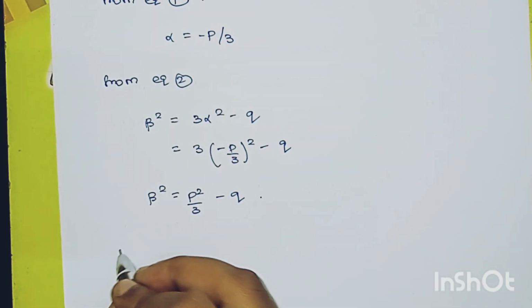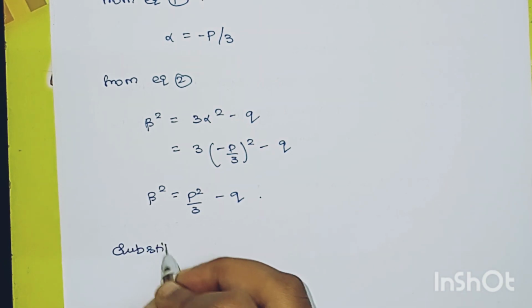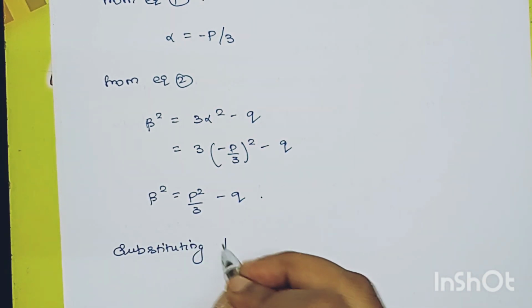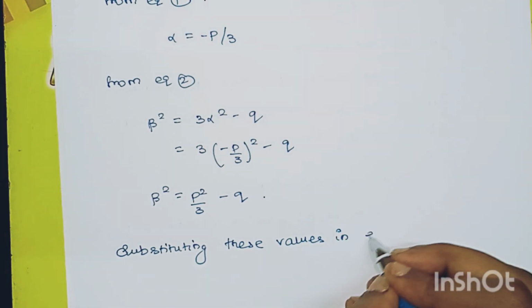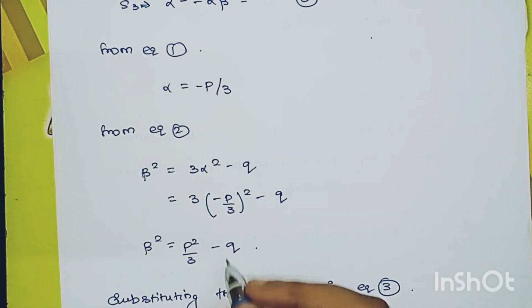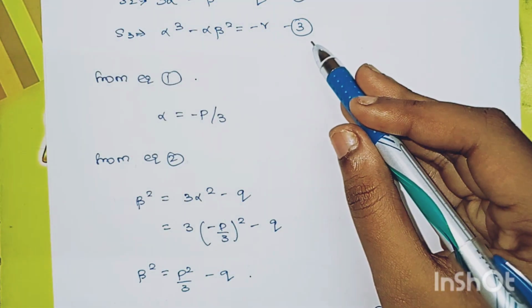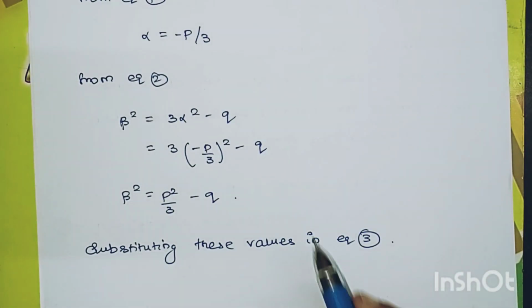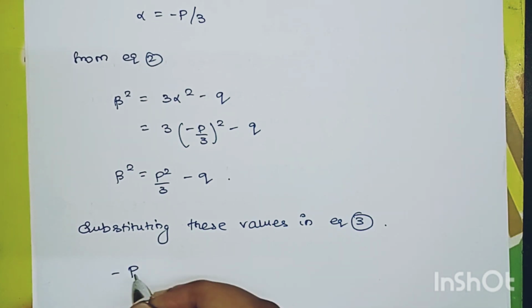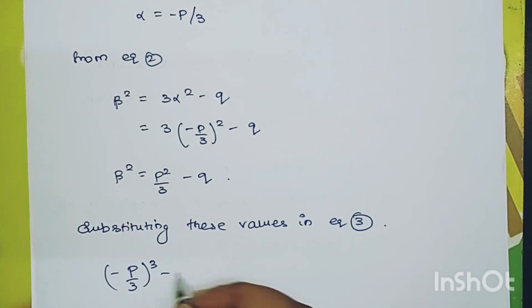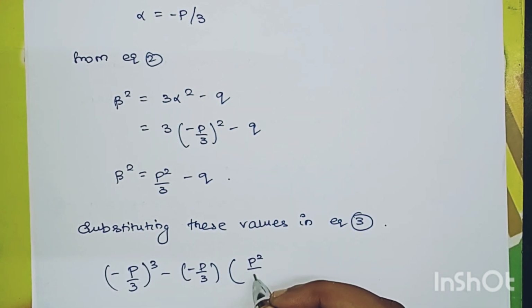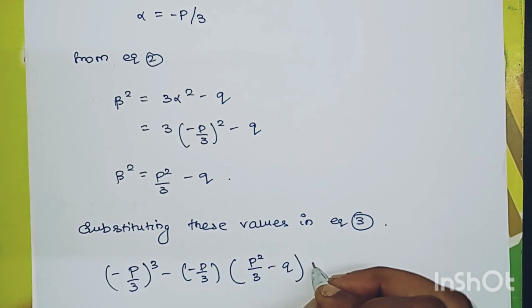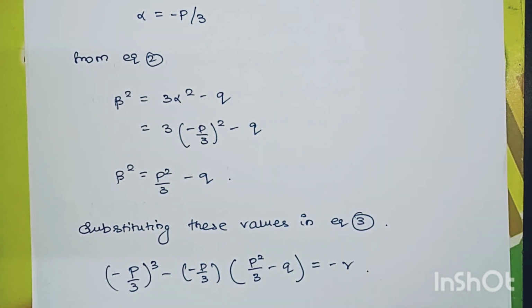Now substituting these values in equation 3, we get minus p by 3 the whole cube minus minus p by 3 into p square by 3 minus q is equal to minus r.